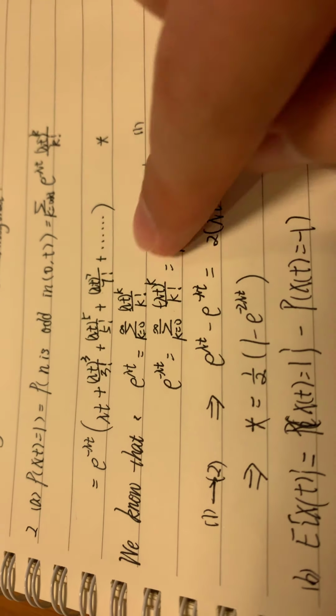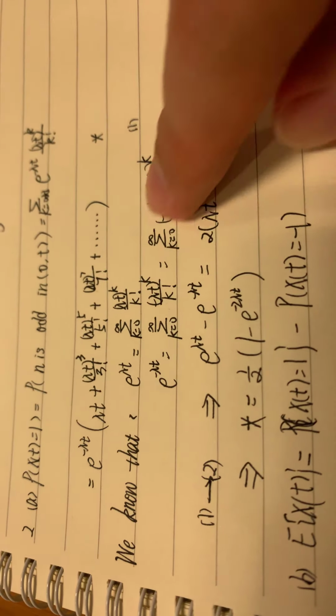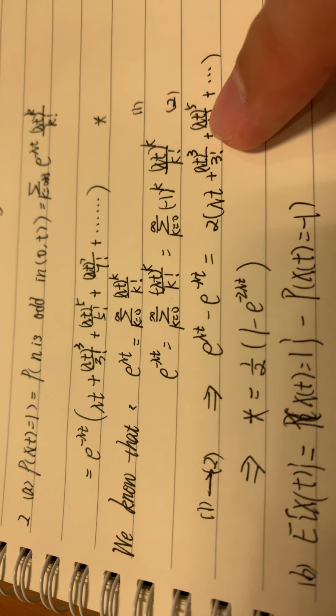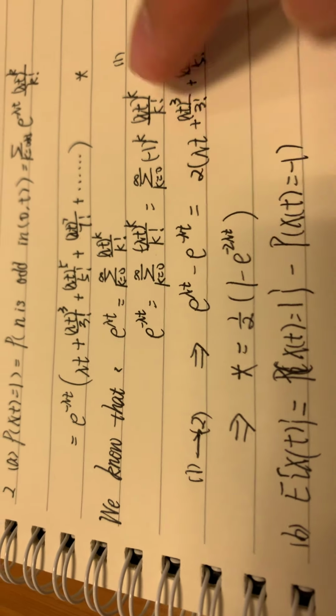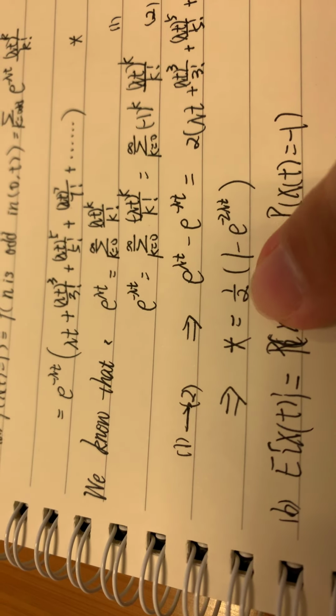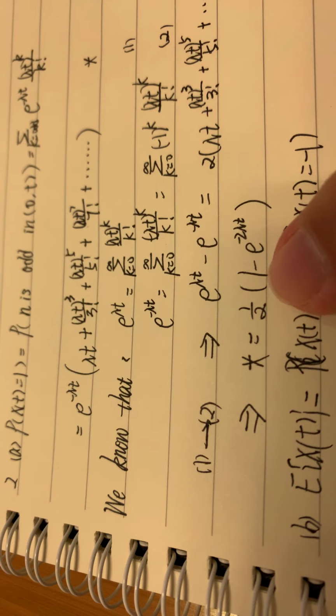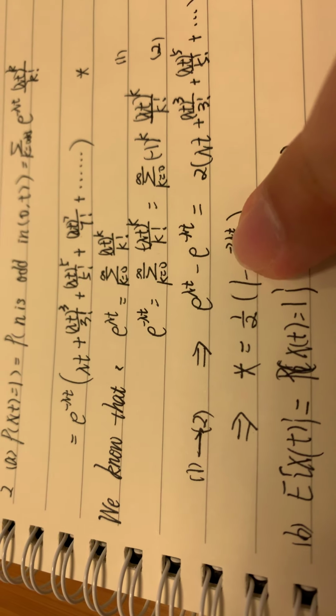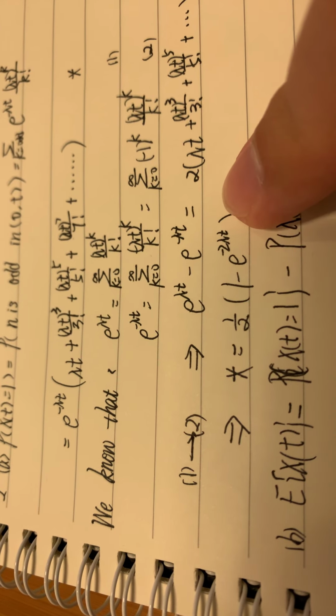We see that they are similar, so the star equals 1 over 2 times (1 minus e to the power of minus 2 lambda t).